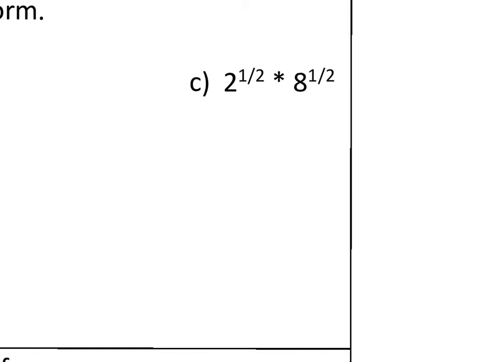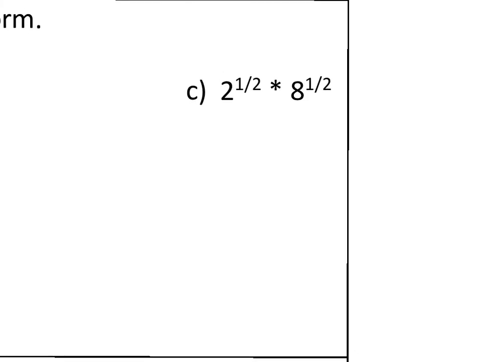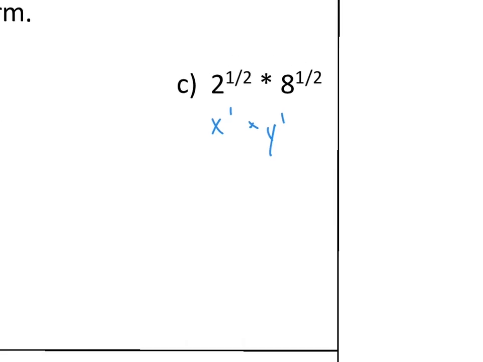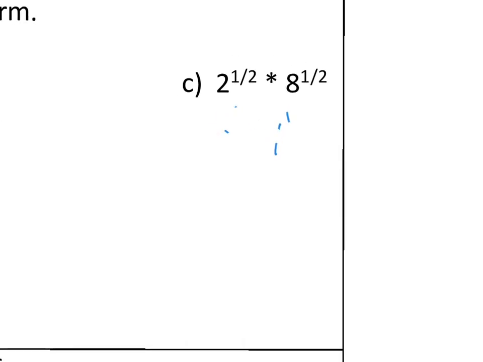Be careful on this one. Are the bases the same? No. So didn't we say whenever we're multiplying numbers like this, we have to have the same bases to be able to add those exponents, right? Remember that? So I couldn't have like x to the first times y to the first. I couldn't add those exponents together because they're not the same base. You with me? Okay. So the 2 and the 8 here are not the same base, which means that I cannot just multiply them.